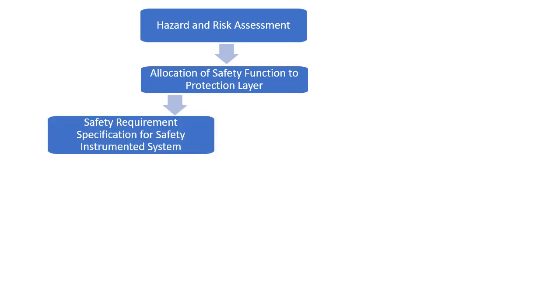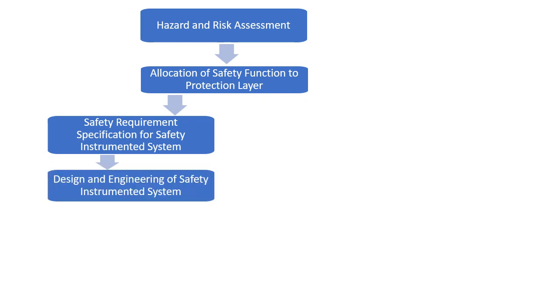Next is the safety requirement specification, which is also known as the SRS. So the SRS for the safety instrumented system is created. After that, design and engineering of the safety instrumented system.